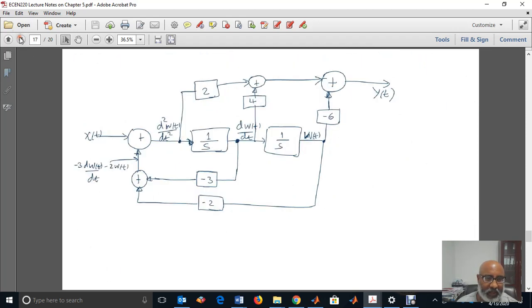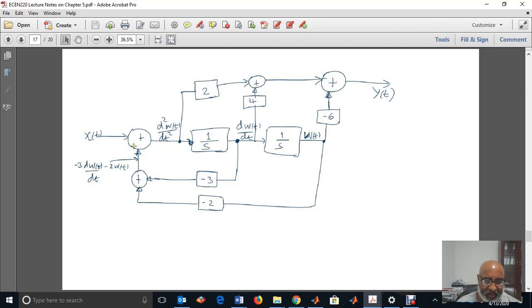Let's see the block diagram. Now here we start with the input x of t, and here we have an output second derivative of w. But what's the second derivative of w? Second derivative of w is x of t minus 3 times the first derivative of w minus 2 times w of t.